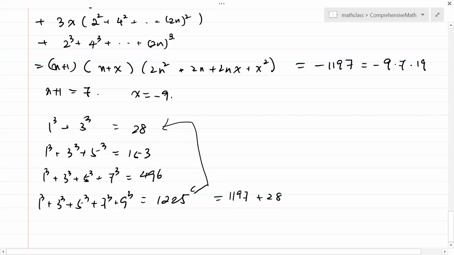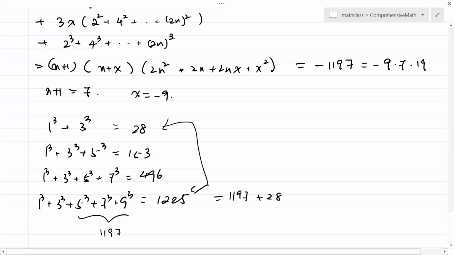Then all of a sudden you figure out that the sum is going to be 1,197. Then the next step would be easy, if you know this. It'll be much simpler. But if you get that part, it's not easy. How do you know, right?